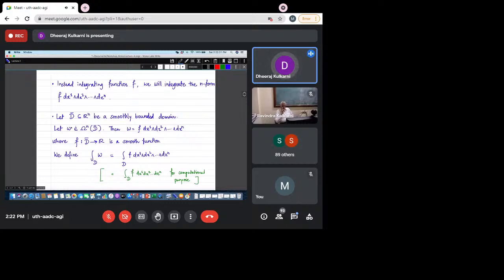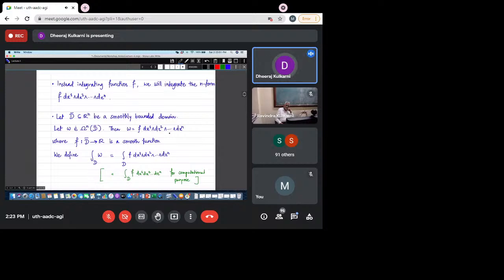Let's assume that we have an n form. Our original idea is we wanted to integrate the function f on this domain. Instead of that, we will look at the n form omega given by f times dx1 wedge dx2 wedge ... wedge dxn. So you have a preferred volume form, because you are working in Rn.